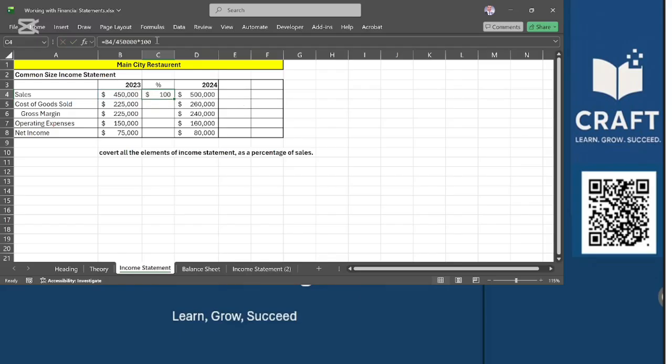As you can see, all these numbers are converted into a percentage of sales.